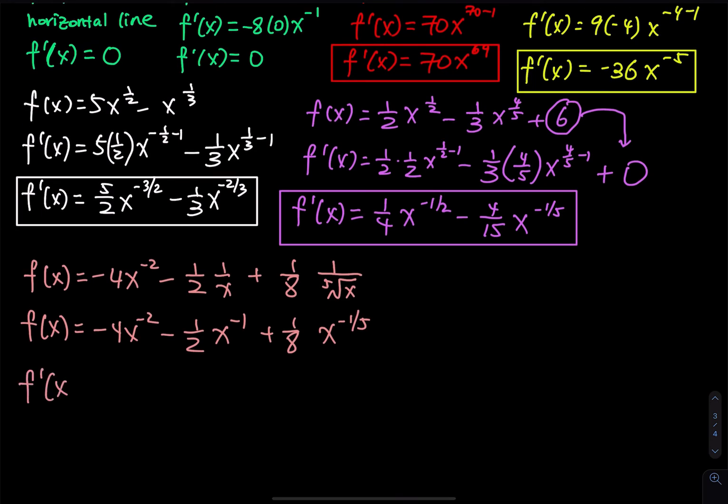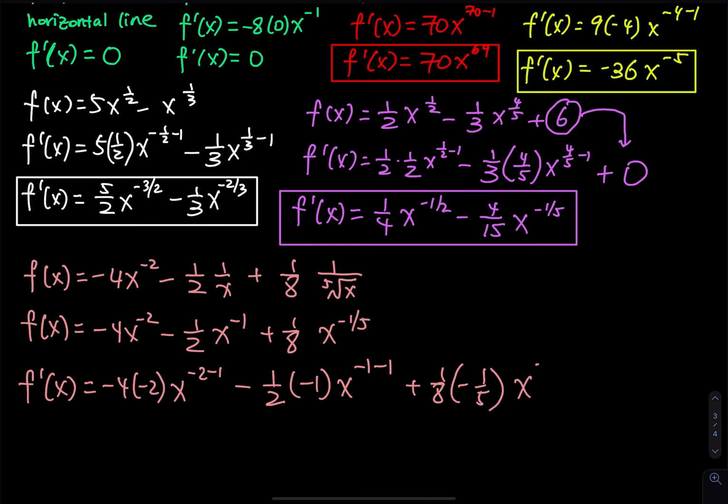So f prime of x is equal to, bring the -2 down, so -4 times -2, right? And then x to the -2 minus 1, and then -1/2, bring the -1 down, and then x to the negative 1 minus 1, and then 1 over 8, bring the negative 1/5 down, x to the negative 1/5 minus 1. Okay, negative 2 minus 1, negative 1 minus 1, negative 1/5 minus 1.